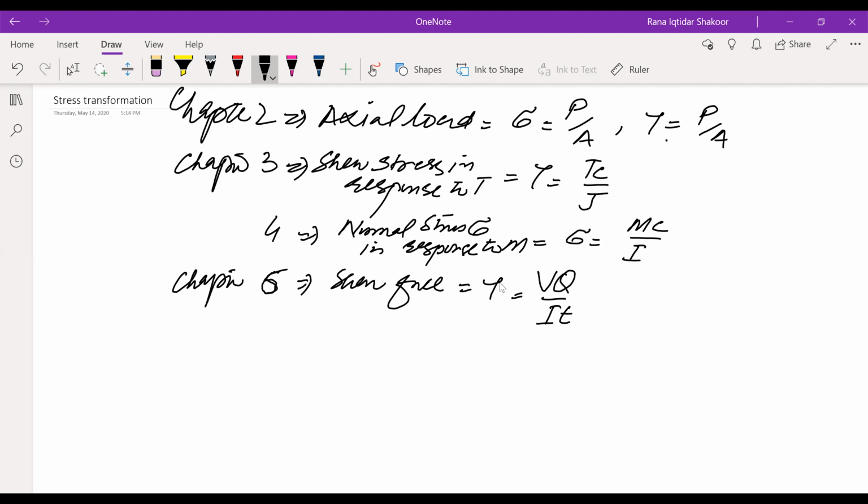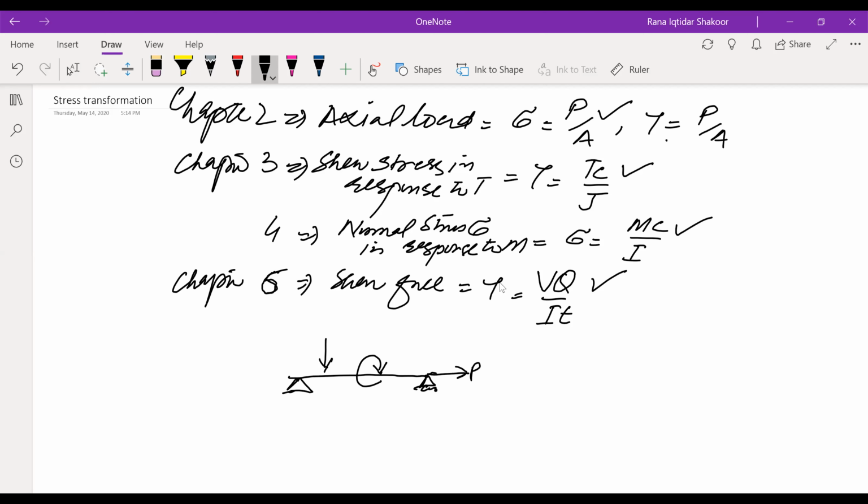If we categorize this, this is normal stress, this is normal stress, this is shear, and this is shear. Whenever you have different types of loading, for example, you have a shaft over here, and then you apply a transverse load, you can apply a tensile load, you can apply a torsion, right?